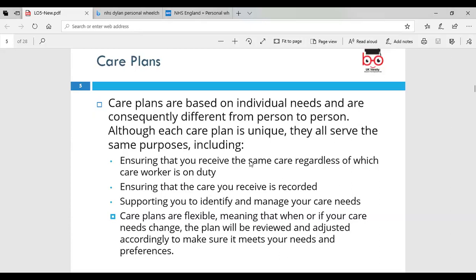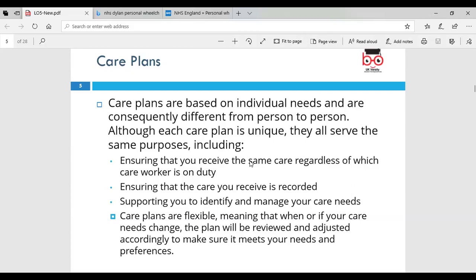They all serve the same purpose, which is to ensure that the person receives the same care regardless of which care worker is on duty, ensuring that the care the person receives is recorded at all times, and supporting them to identify and manage their own care needs.